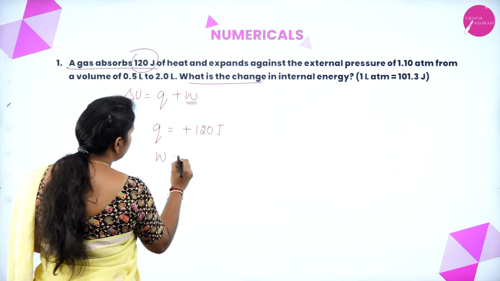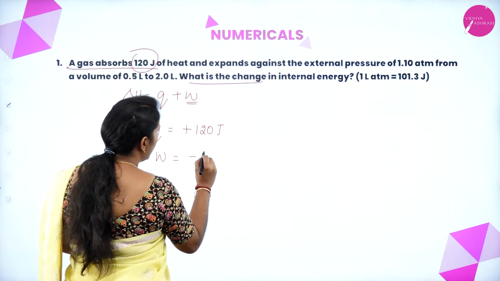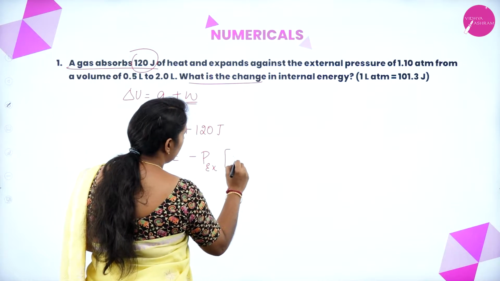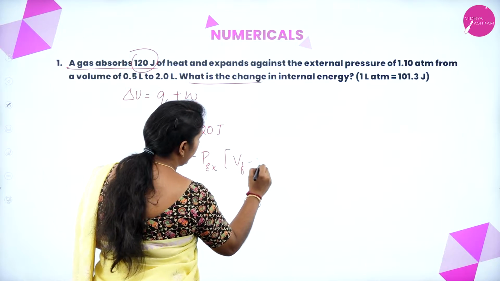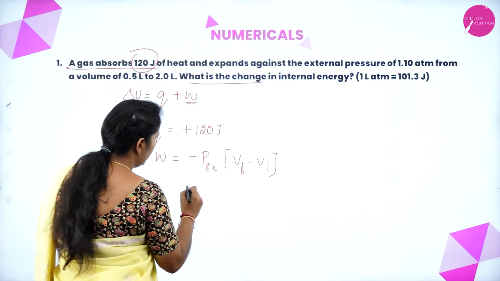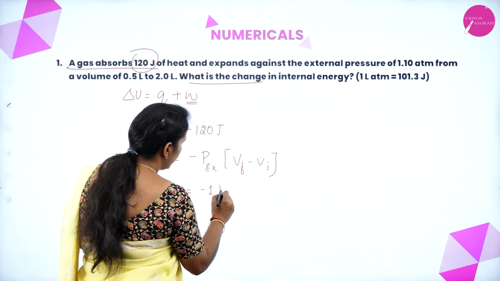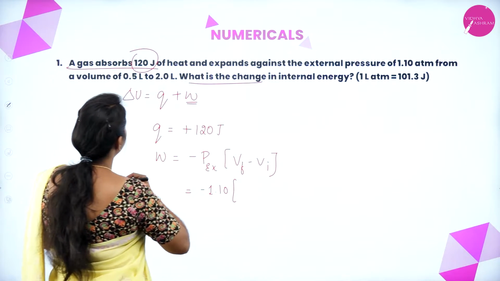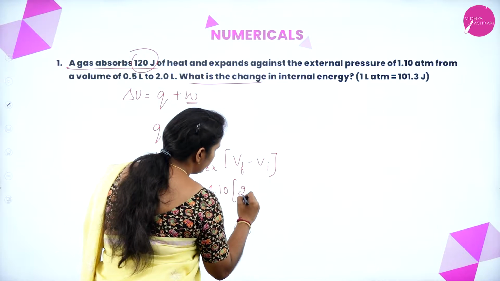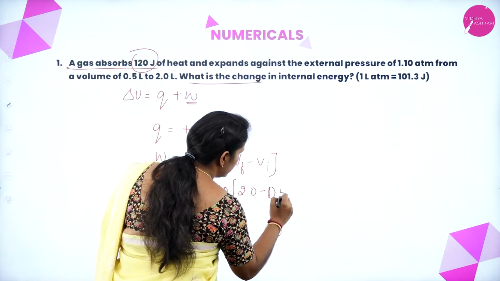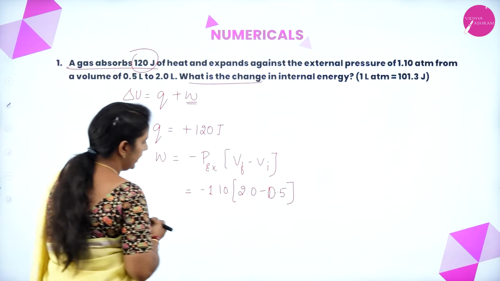We know that W can be obtained by the formula minus P external into V final minus V initial. What is the pressure they have given? Minus 1.10. What is the volume change? It is 2.0 to 0.5 liters.